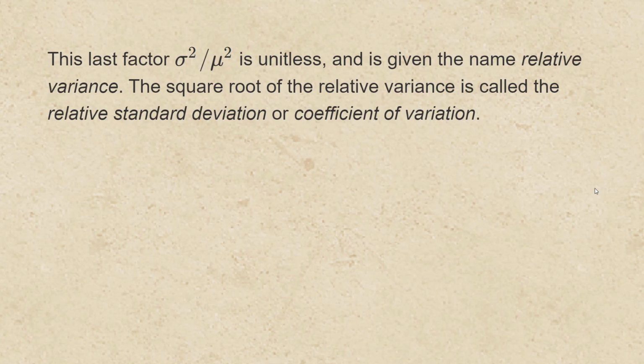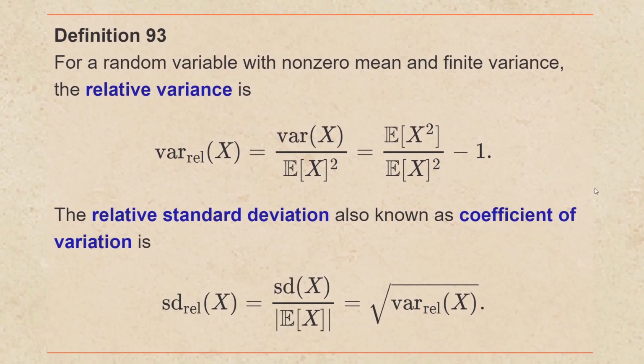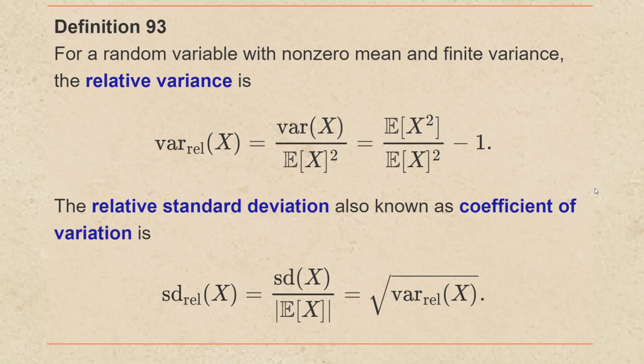The square root of the relative variance is called the relative standard deviation, or coefficient of variation. For a random variable with non-zero mean and finite variance, the relative variance of X is the variance of X divided by the square of the mean of X, or you can think of it as the expected value of the square of X divided by the first moment of X squared, minus 1.